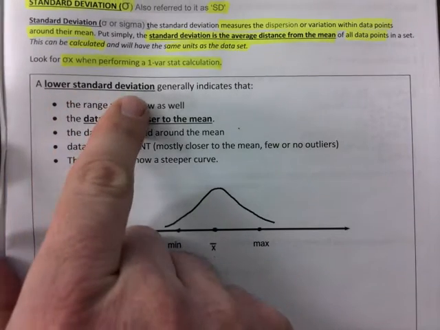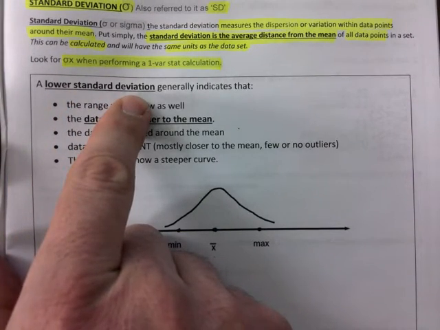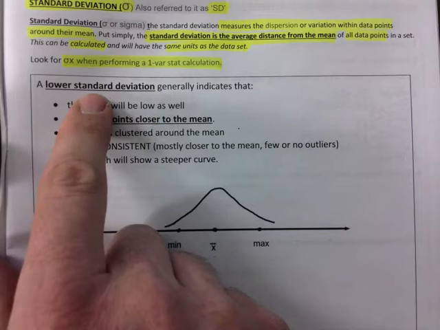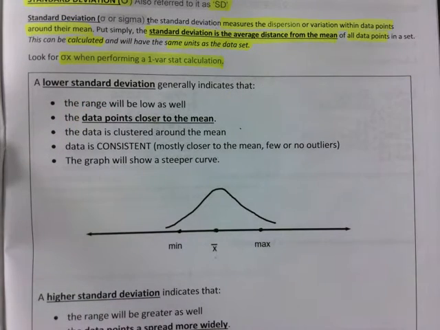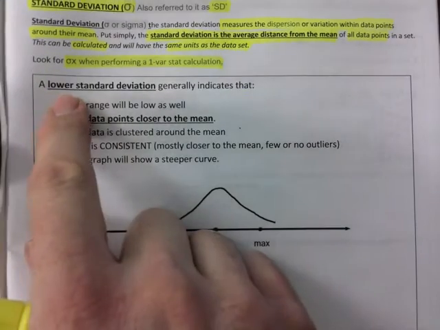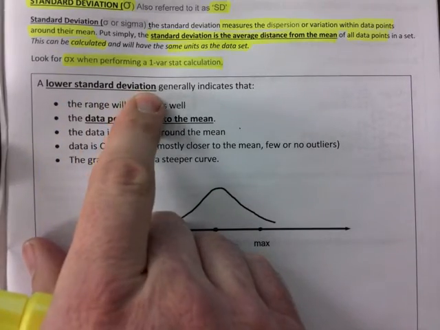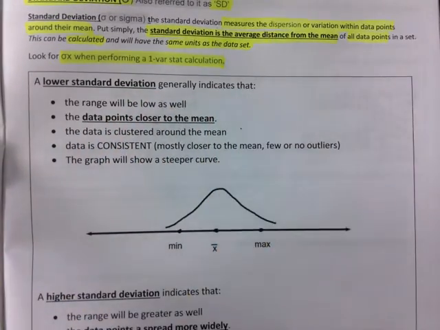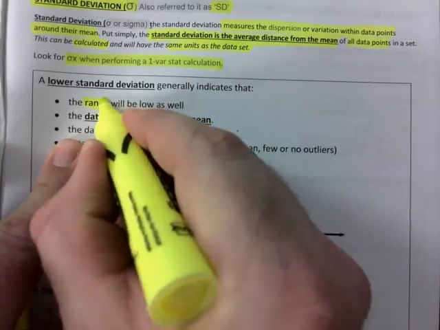A lower standard deviation. Okay, pay close attention to this. What does that mean? Well, we can have standard deviations from two different sets of data points. When you have one that is lower, a lower standard deviation generally indicates that the range is low.